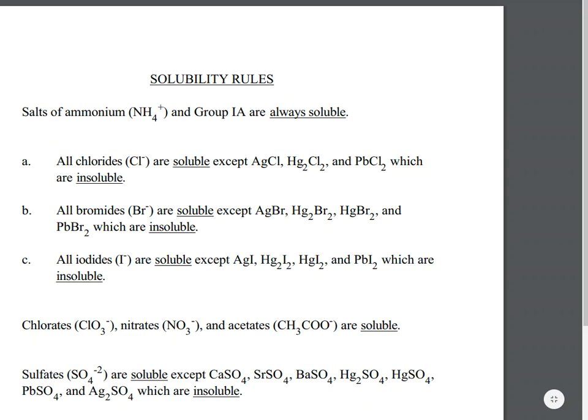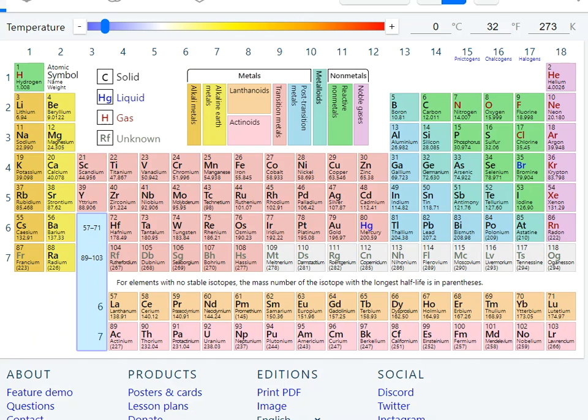So you mean to tell me that everything on the periodic chart, everything that we see here, if it is paired up with a chloride, which is there, or a bromide, which is here, or an iodide, which is here, then they're all going to be soluble. Every one of them will be soluble.